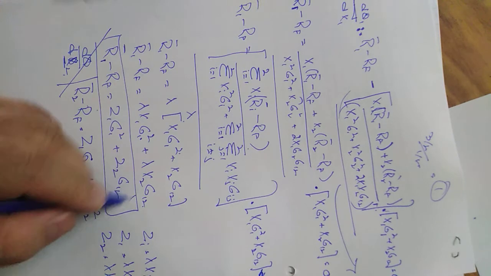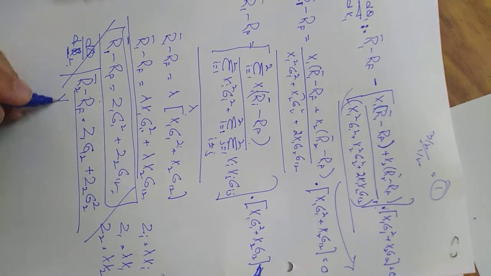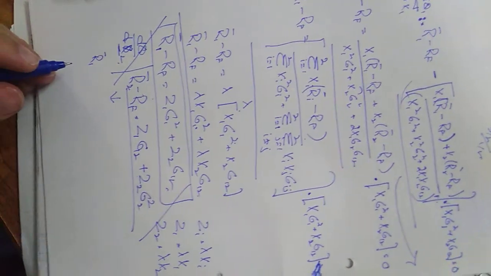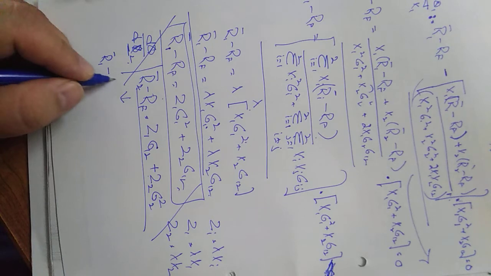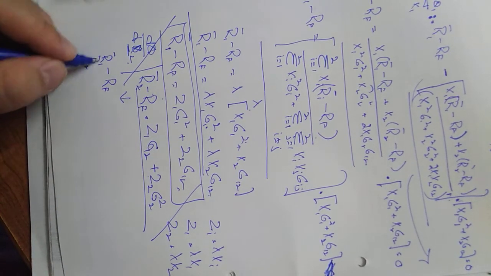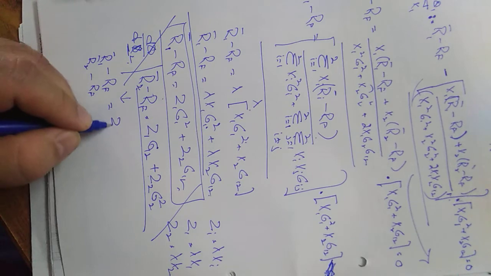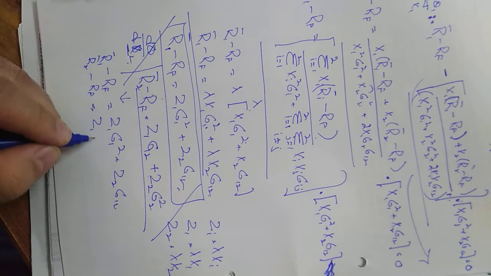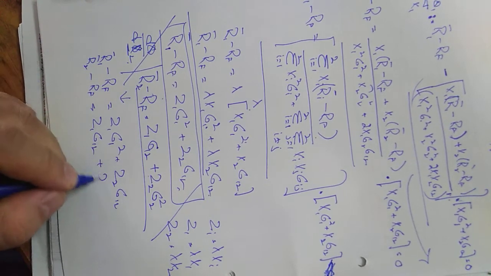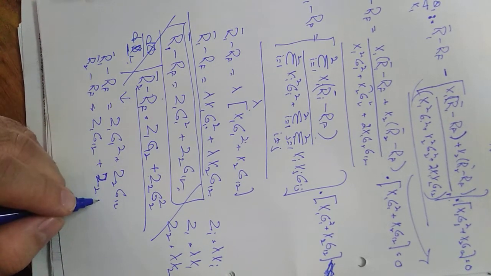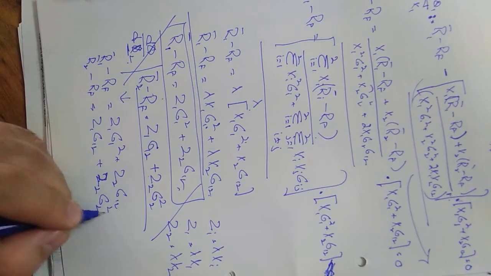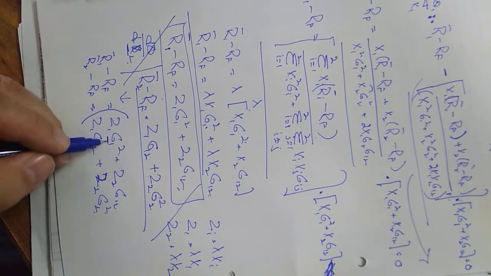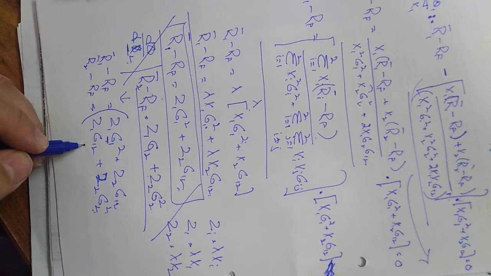If we analyze this equation, R1 minus RF, R2 minus RF equals Z1 variance plus Z2 covariance. If you take the z's out, what is that? This is a variance covariance matrix for a 2 asset case.